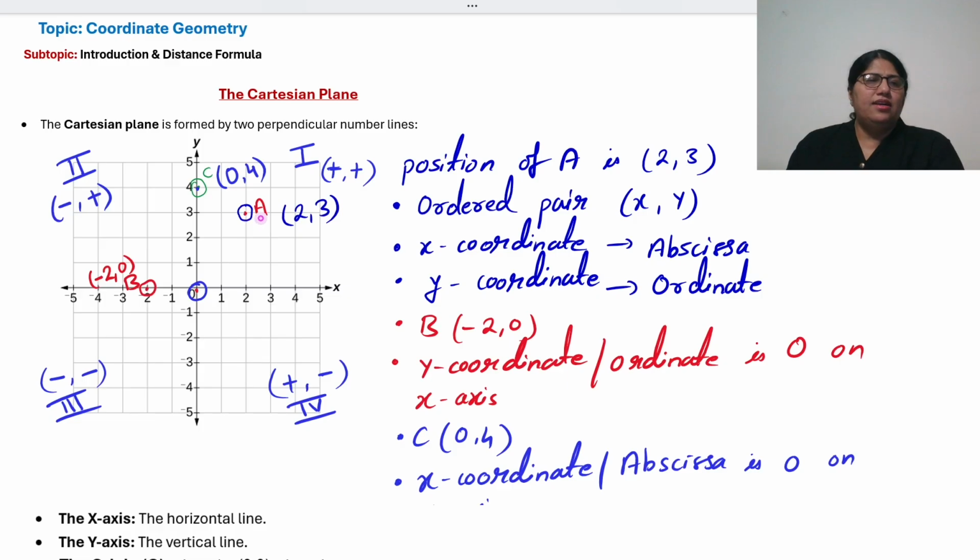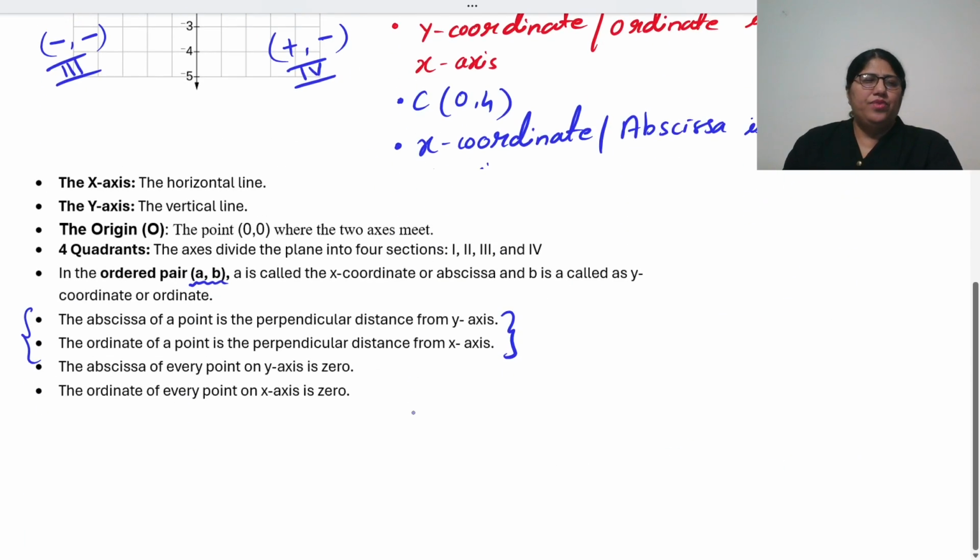Similarly, look here at the distance of point A from the y-axis, which is parallel to the x-axis, so it is going to be the x coordinate. The same pointer is written here: the abscissa of a point is the perpendicular distance from the y-axis.